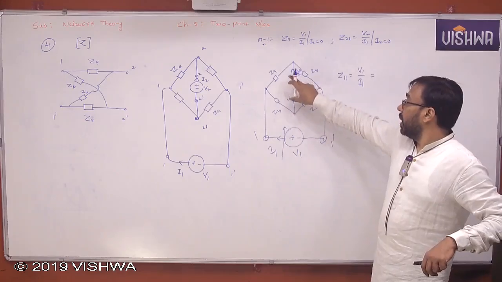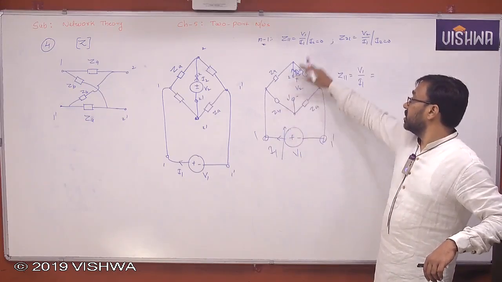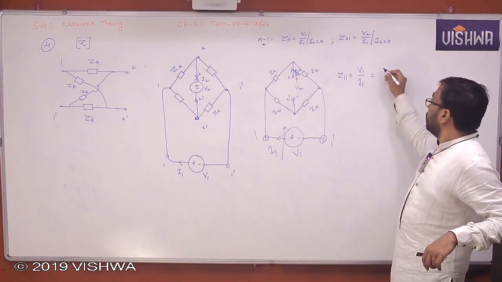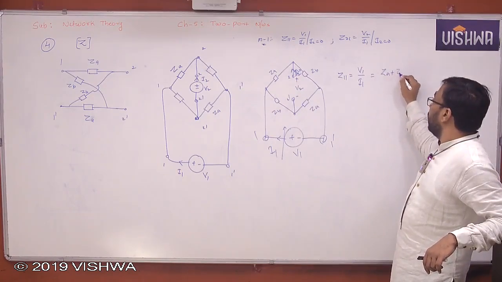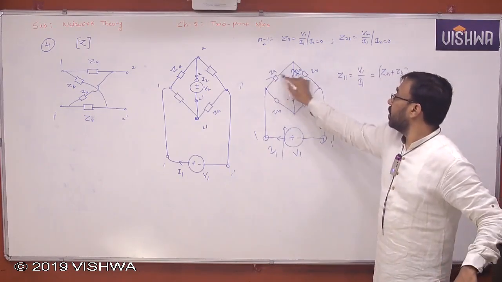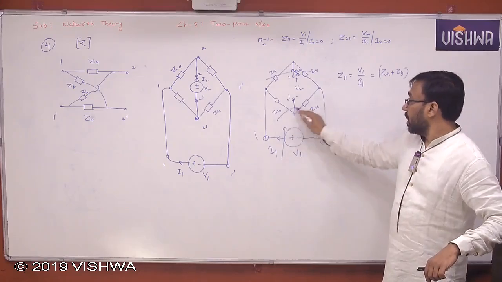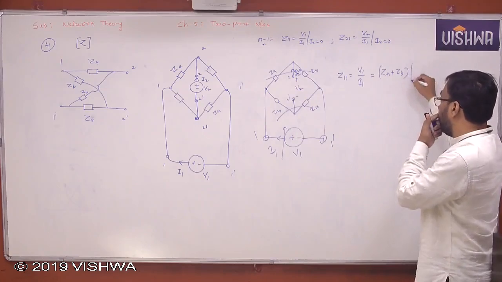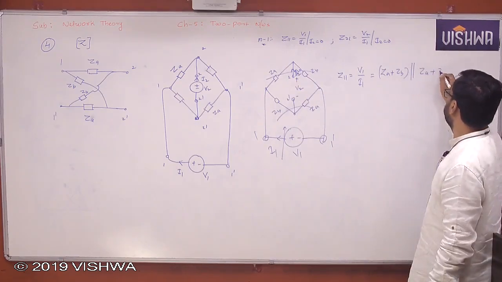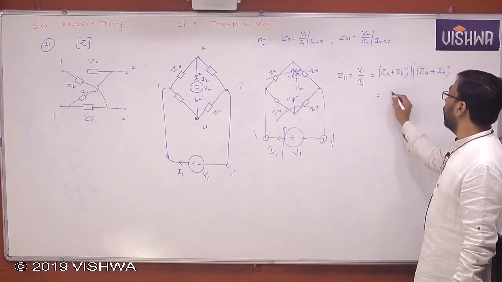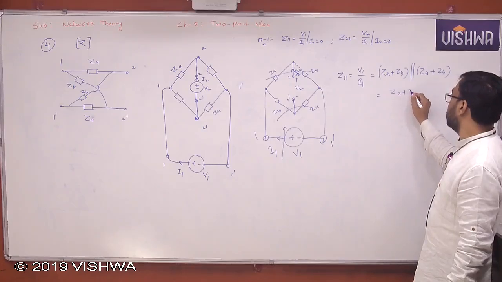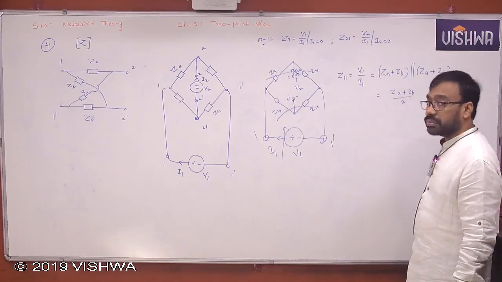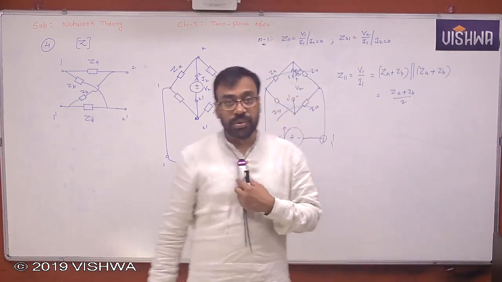If it is open, then these two are in series, these two are in series, and the resulting combinations are in parallel. So ZA plus ZB, these two are in series. These two are also in series because this is an open circuit, I2 made 0. Parallel with ZA plus ZB. Finally, you get ZA plus ZB by 2. Clear, all of you?